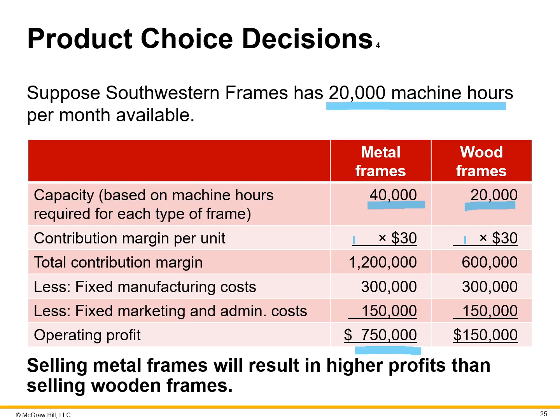If they don't want to buy 40,000 metal frames and they want to buy some wood frames, what you would want to do is figure out how many metal frames maximum the market will buy, produce those, and then for the remaining machine hours you can make wood frames. So you max out the more profitable item, and then your remaining resources you can use for your other lines.